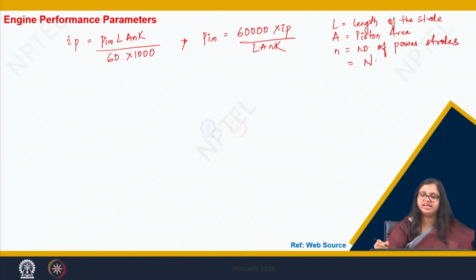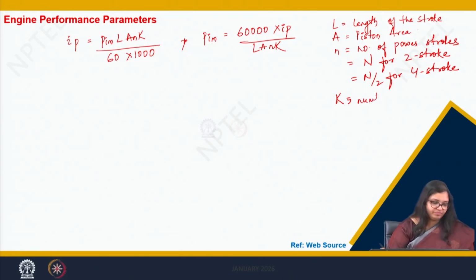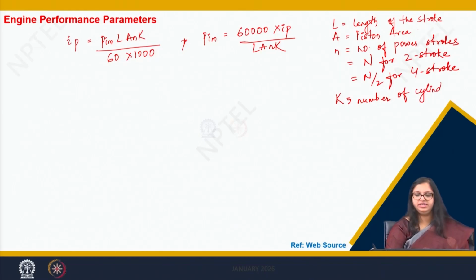We take it as N for 2 stroke. Let's say that is 1 for 2 strokes. So let's say there are multiple number of revolutions. So how many power strokes happen in each revolution? It is taken as N by 2 for 4 stroke, because in every 2 strokes we get only 1 power stroke. And K is the number of cylinders.